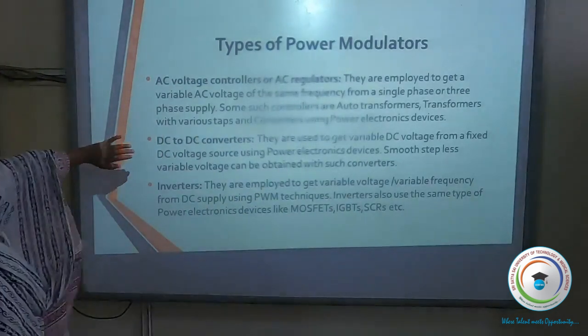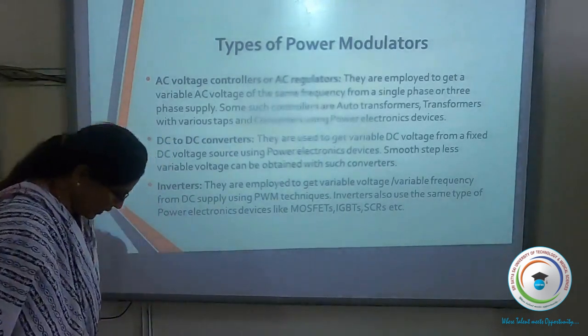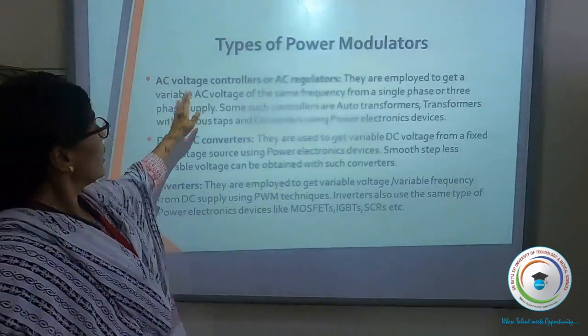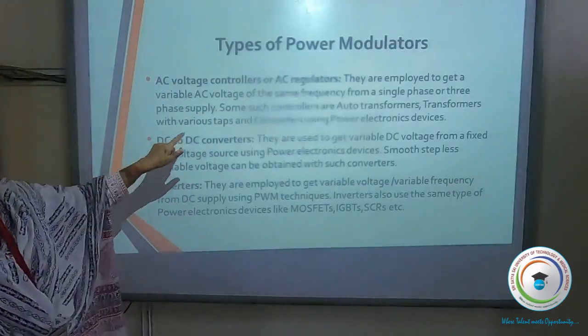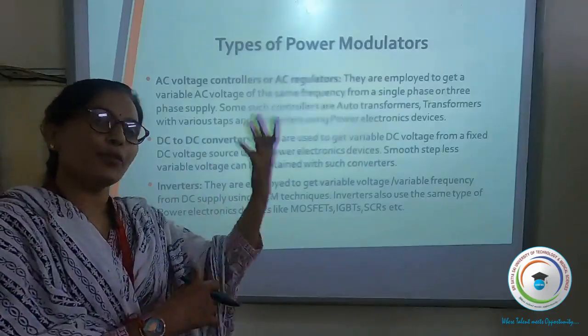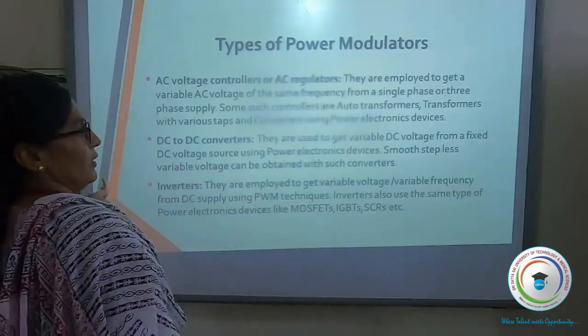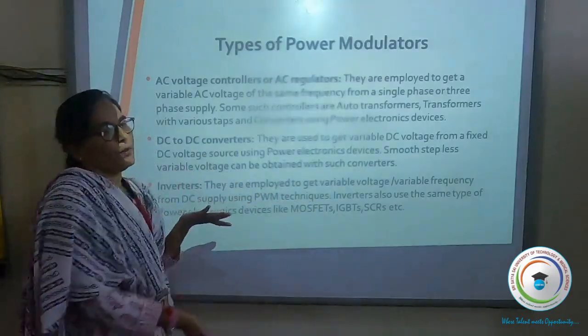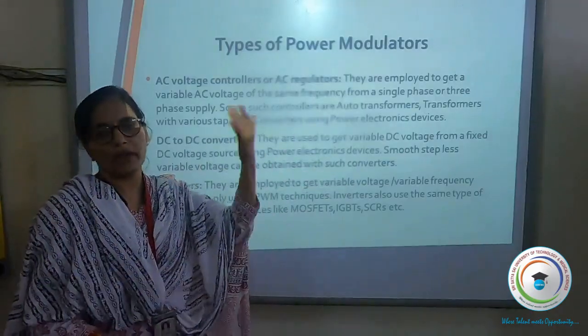Now the second is the DC to DC converter. The supply is DC and the output is also DC, and it can be fixed to variable or variable to fixed.